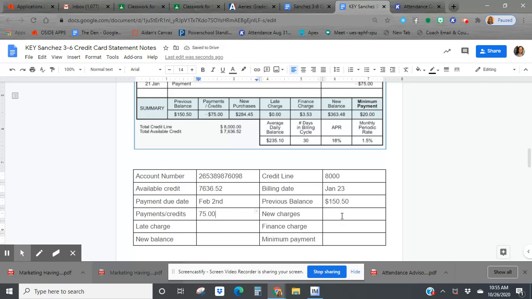New charges are $284.45. The late charge, there isn't one. Finance charge is $3.53. The new balance right here, $363.48, and the minimum payment is $20. So all this information can be found on your statement, and they all have titles.